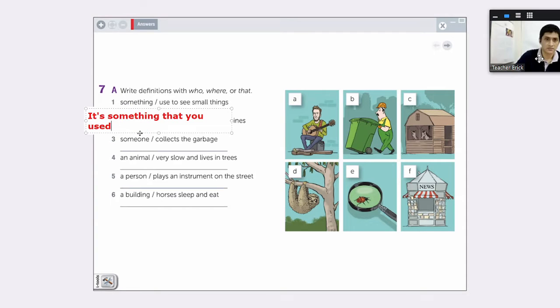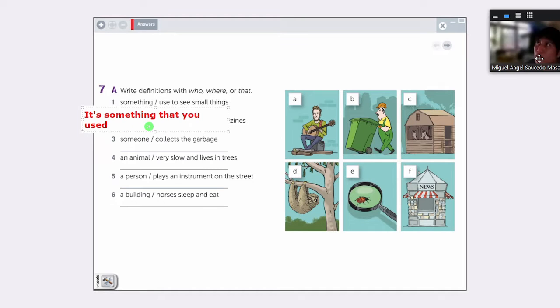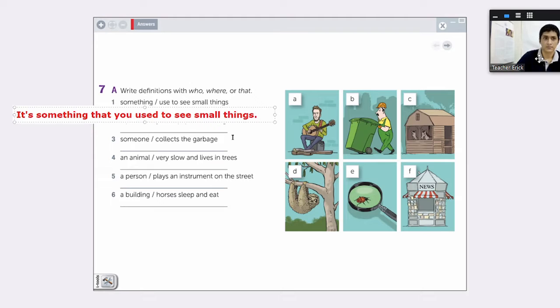It is something that is used. Small things. Okay, to see small things. Me corrigen por favor si no estoy escribiendo bien su respuesta. Is correct? It is something that you, sorry. No, it's used, no? Okay, so it is something that you use to see small things.